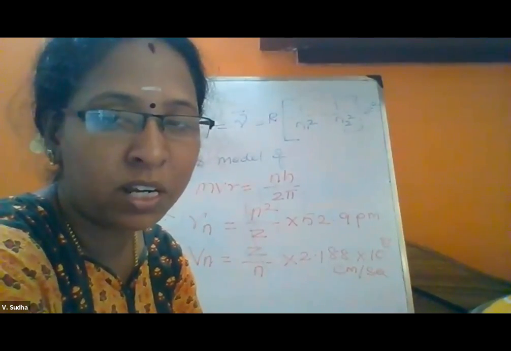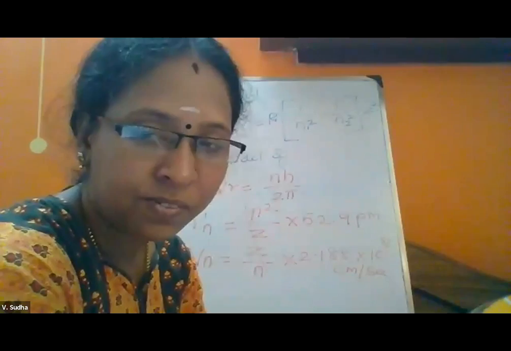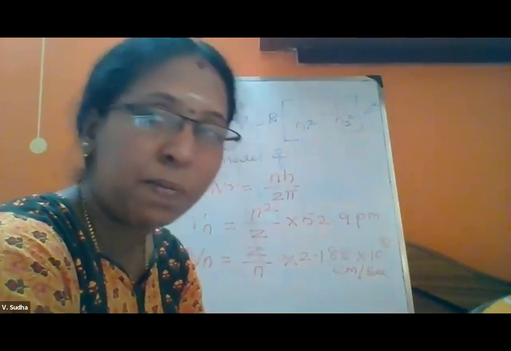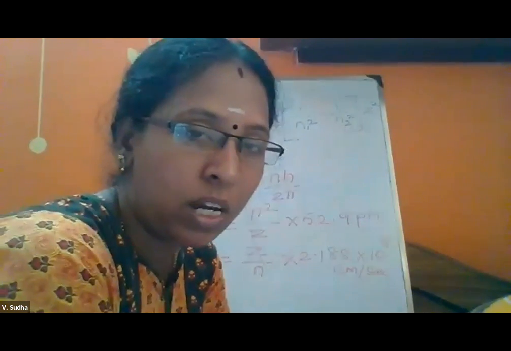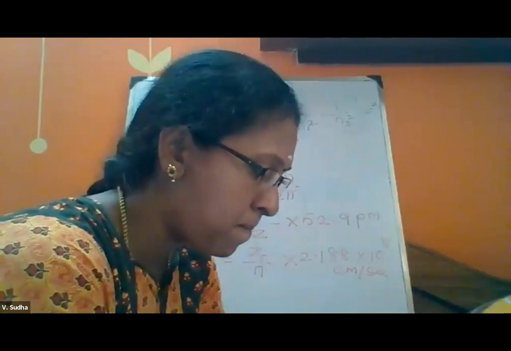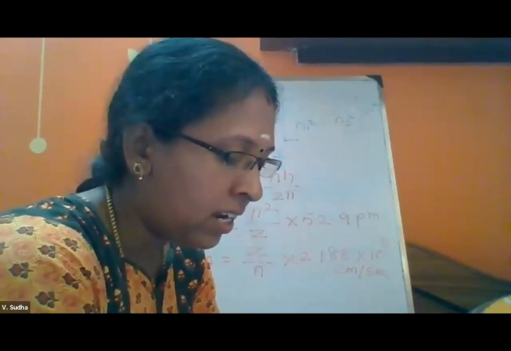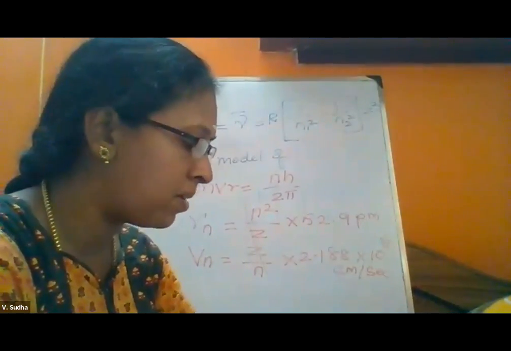Next is de Broglie equation. Lambda is equal to h by p. Then Heisenberg's uncertainty principle.